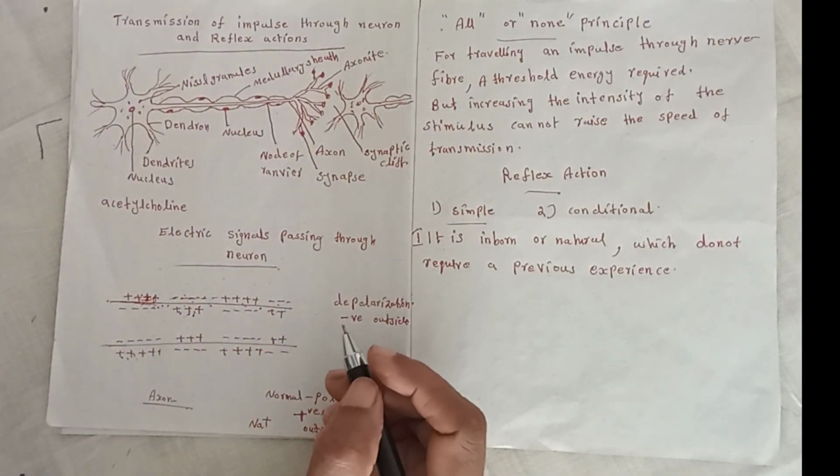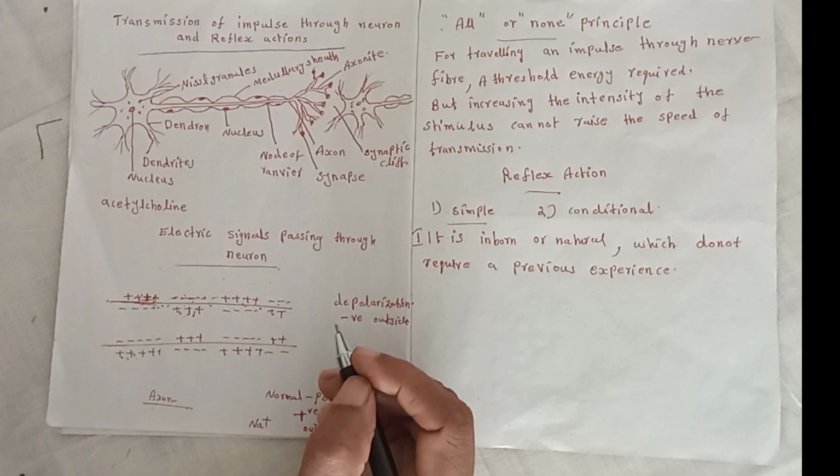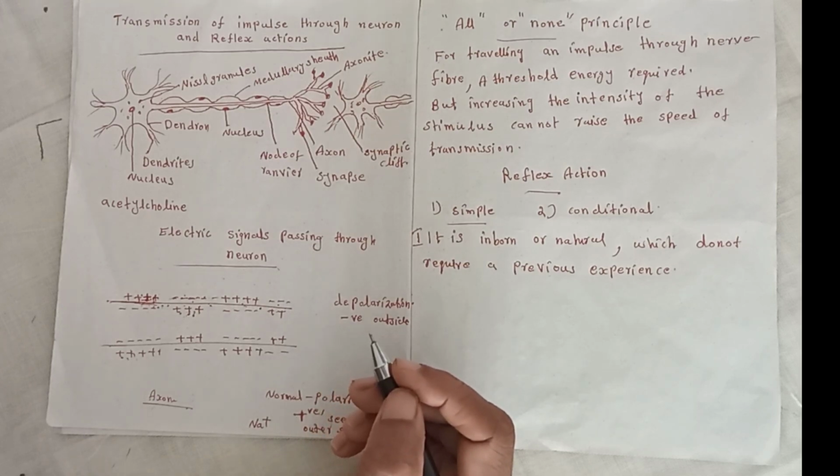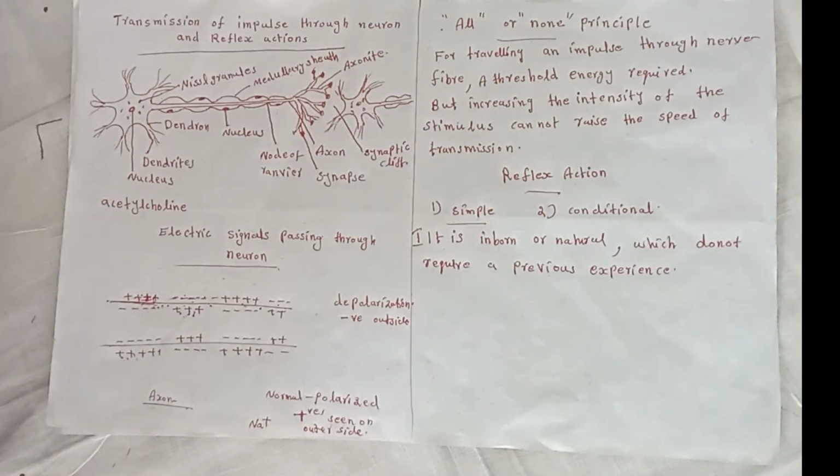Example, the hand withdraws fast when we touch a hot plate. Second example, quick closing of eyelids on noticing an object suddenly approaching the eye.